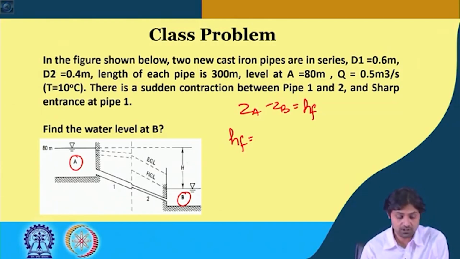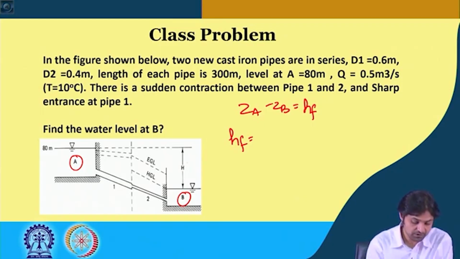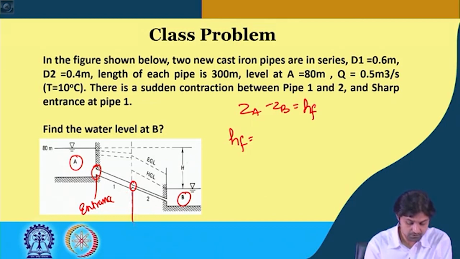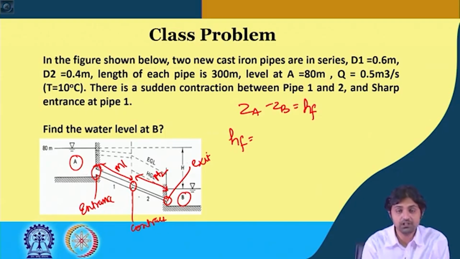Now can you think where these losses will occur? There will be a loss at the entrance here, right? There will be a loss here due to contraction, and there will be a loss due to exit. Apart from that, these are the three minor losses. There will be one major loss M1 here, and there will be loss M2 here due to the flow in the long sections of the pipe.